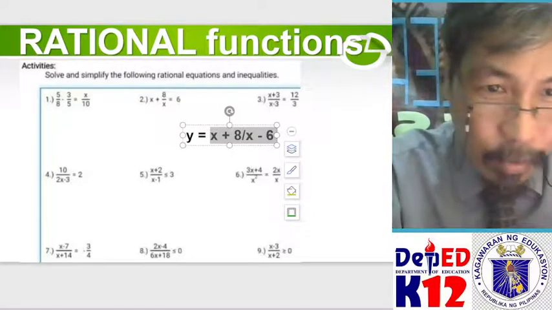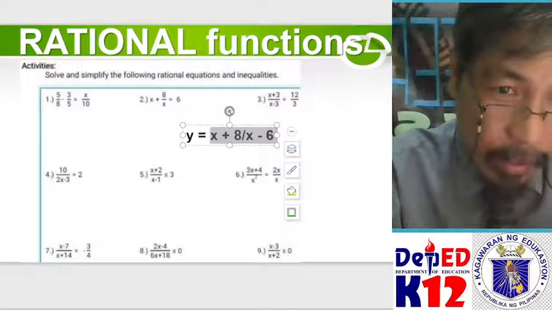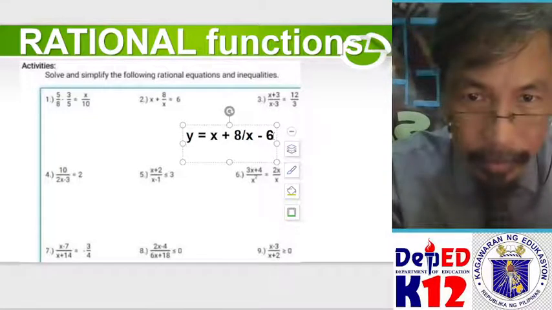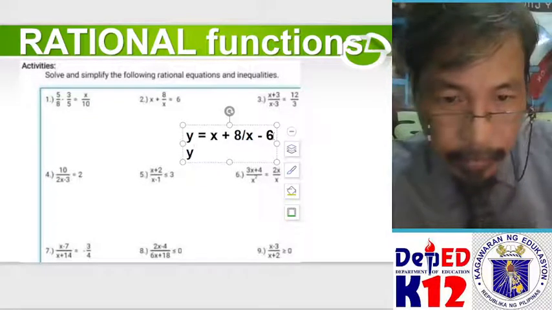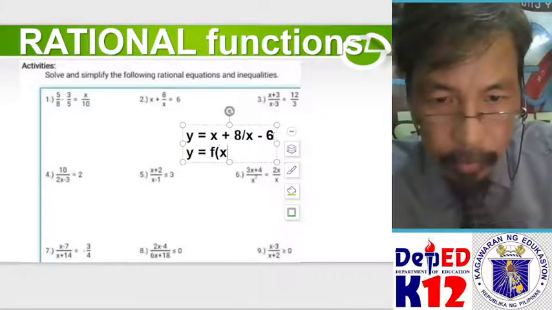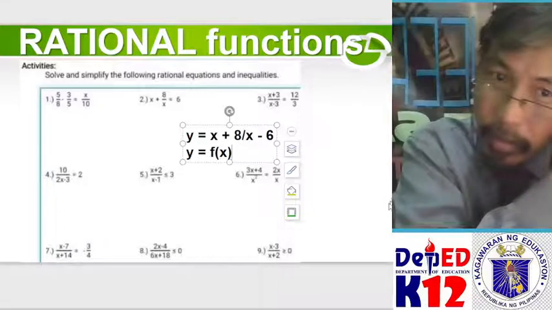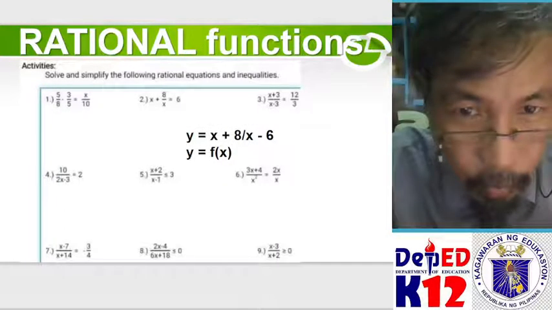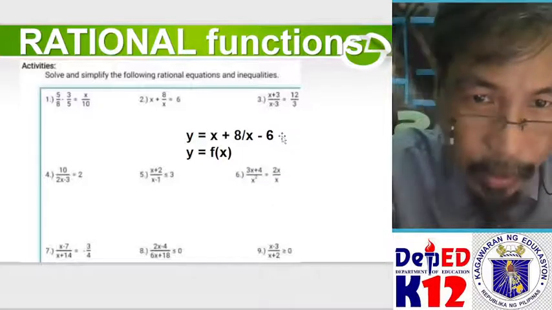Actually, the symbolic representation of this is: y is equal to function of x. What is the function of x? x plus 8 over x minus 6. That is the function of x.